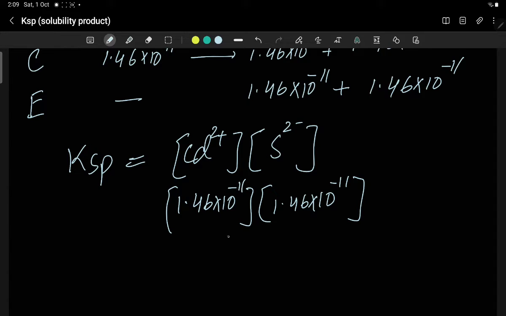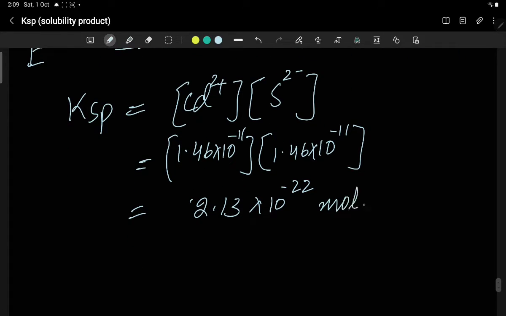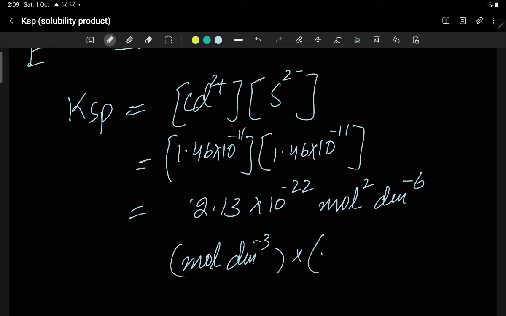The answer will be 2.13 × 10^-22, and the unit will be mole square dm inverse cube. So we can derive like this: mole dm inverse cube into mole dm inverse cube, which is equal to mole square dm inverse 6.